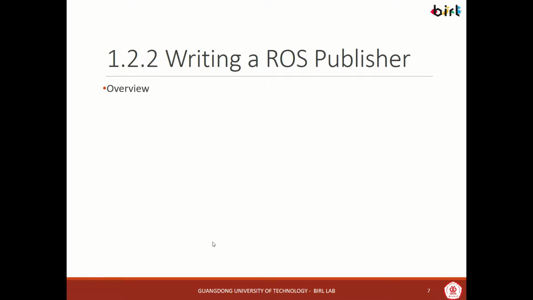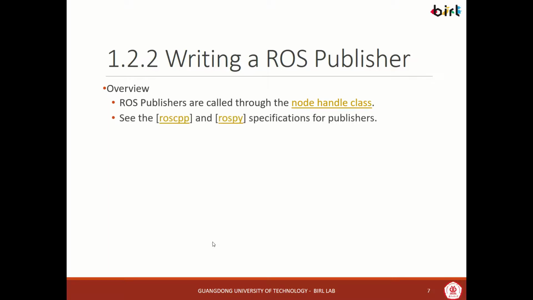Okay, so we have a package, and we're interested in writing a ROS publisher node. And we'll see in a second how ROS publishers are called through the node handle class. In this class, we're going to mainly be looking at C++ implementations of nodes, and sometimes at Python implementations of nodes.